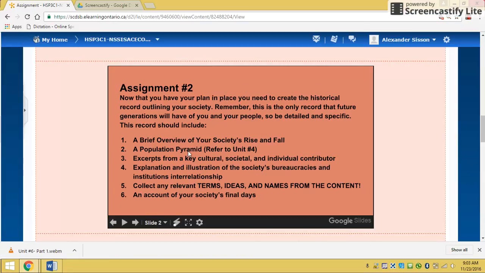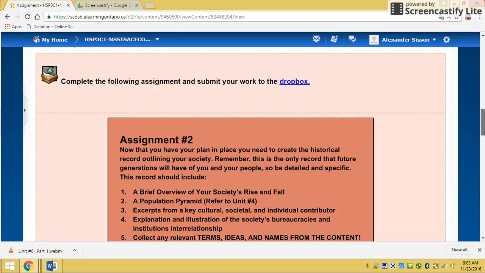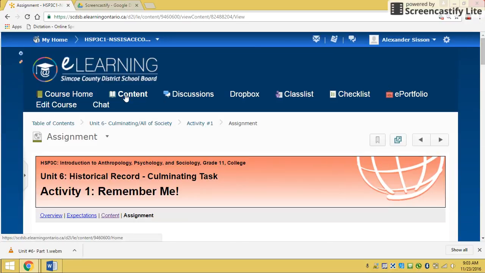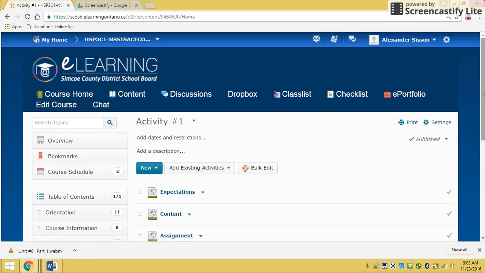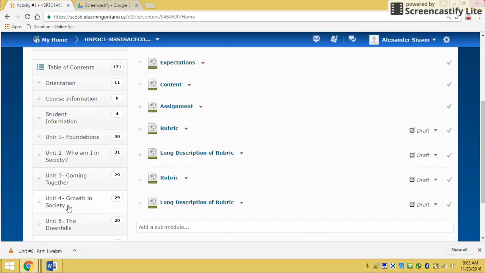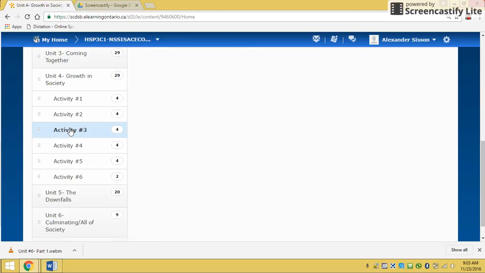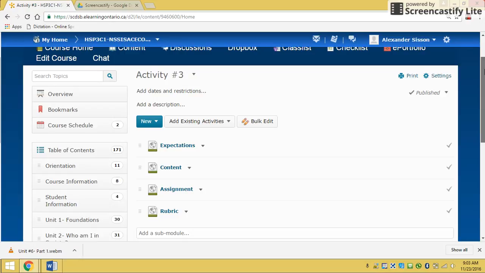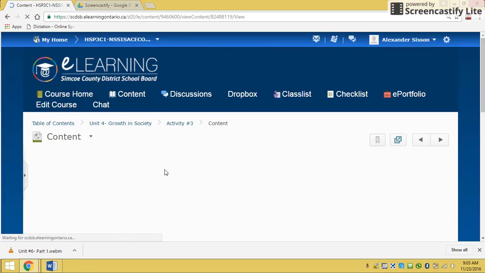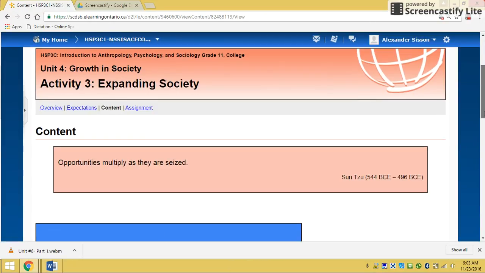Now, the next portion is a population pyramid. You can find this on Unit 4, Activity 3. So if you go back to the content and you go to Unit 4, and then you scroll down to Activity 3, it should be in the content in the PowerPoint or the Google slide.